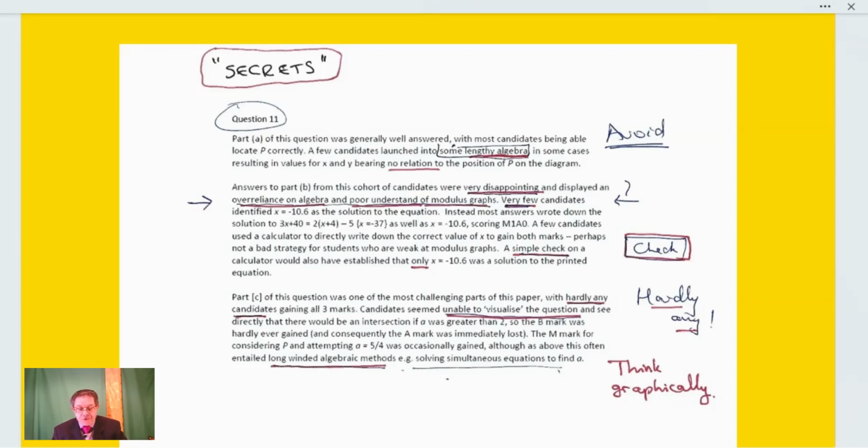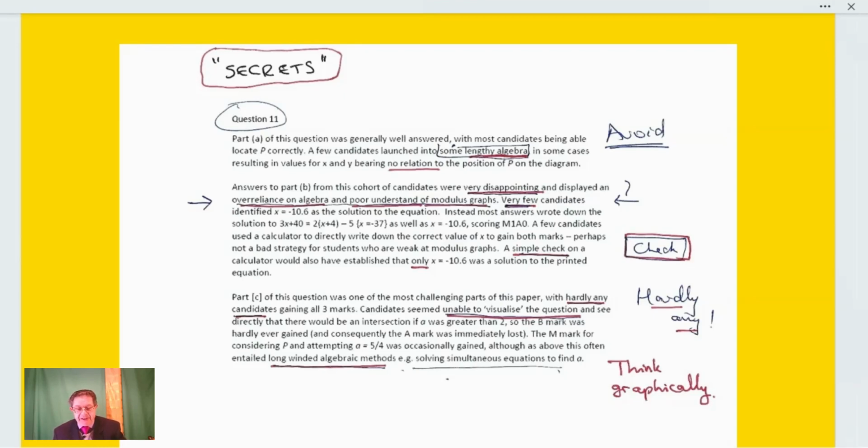Most candidates wrote down a solution to 3x plus 40 equals 2x plus 4 take 5 as well, which would have scored 1 mark, a method mark, but not the final answer mark. If candidates just used the calculator to solve the equation, they would have got both marks. So perhaps not a bad strategy for weaker students.